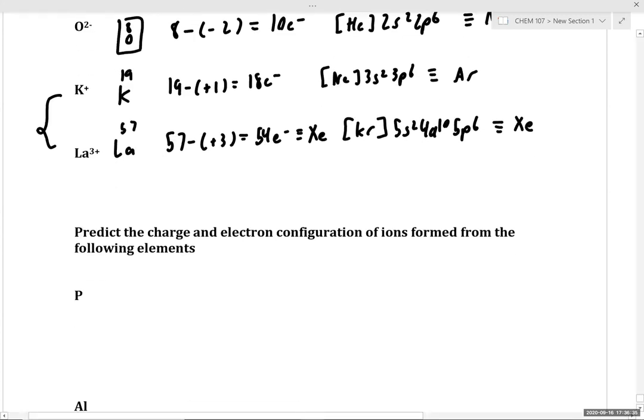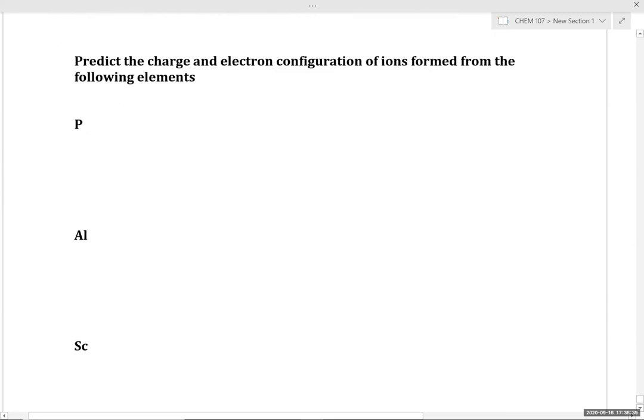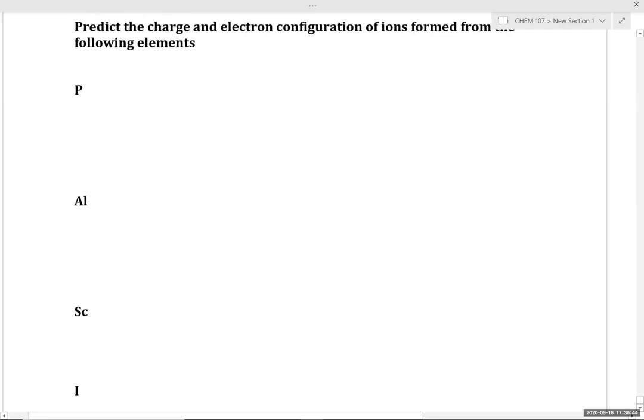Perfect. So what I'd like us now to do is look at the following set of atoms, and I'd like you to predict the preferred charge. I'll start us off and do one of the more tricky examples.